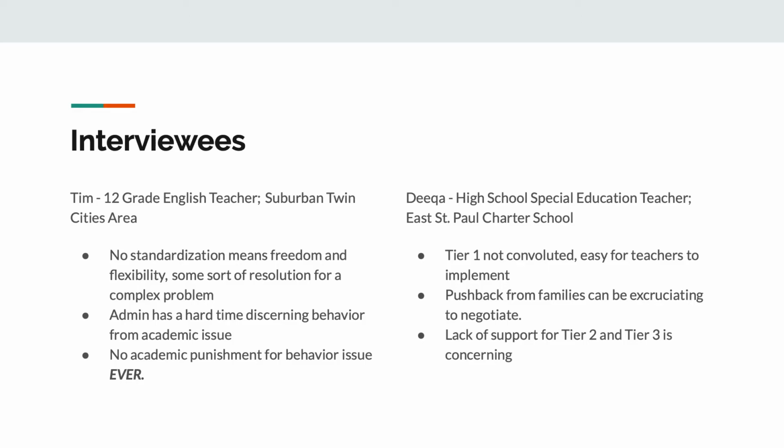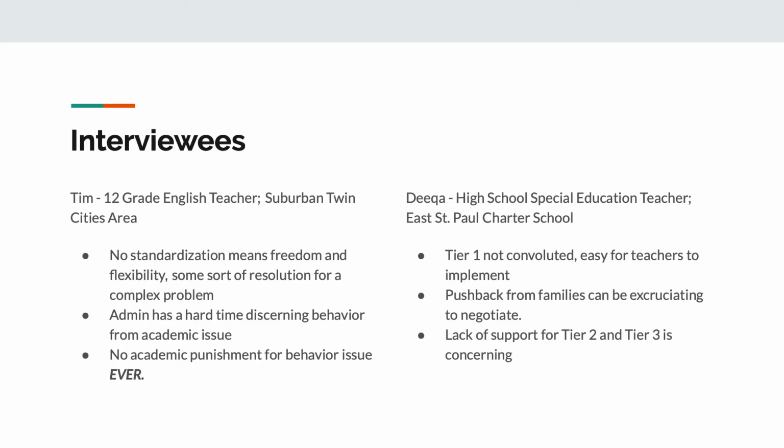It gives her the freedom to work her interventions and gives her a better idea of what's going on. But she said that in general, families get shy, and they don't like to talk about what intervention means for their student. They look at it as a failure in the eyes of the parents, even though it's not.